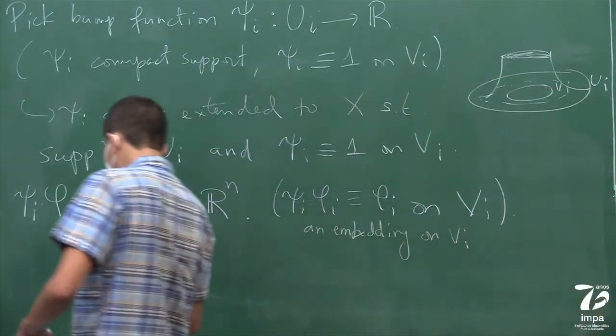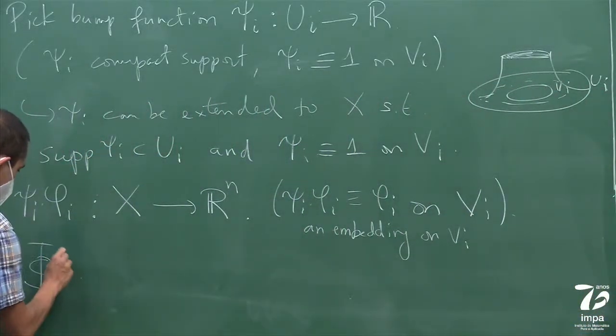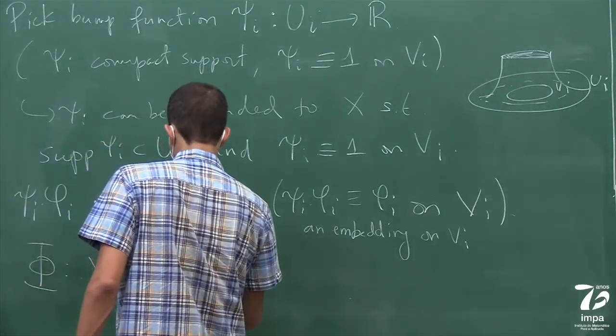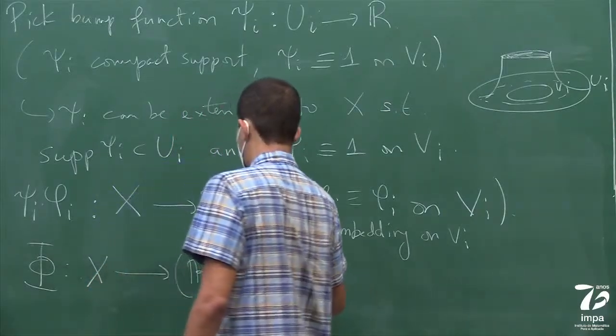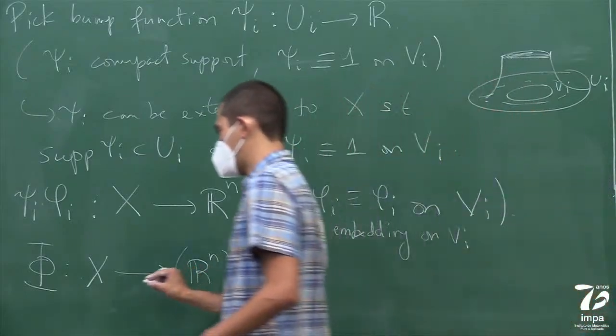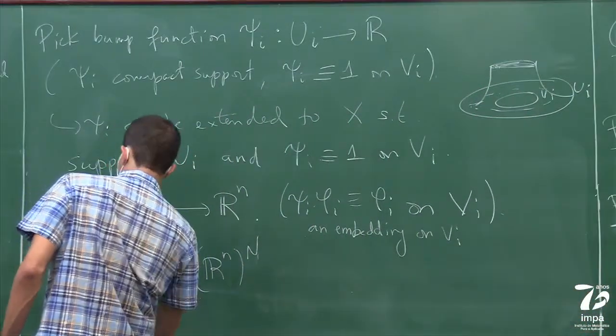So now I can consider a map capital phi that goes from X into Rn to the n, and that basically is just putting all these maps together.